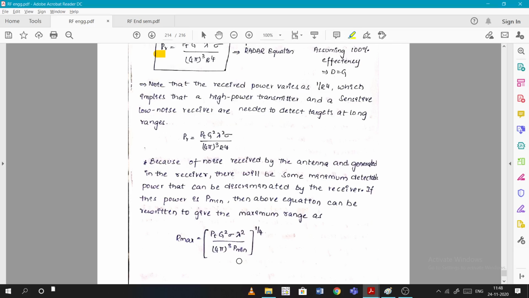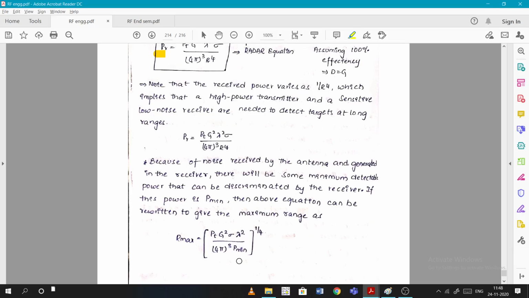A receiver can only detect up to some point, right? Suppose at 1 milliwatt it can detect, but below 1 milliwatt it can't. That point is called minimum power. When we use that minimum power, we get the range, which is the maximum range it can detect.